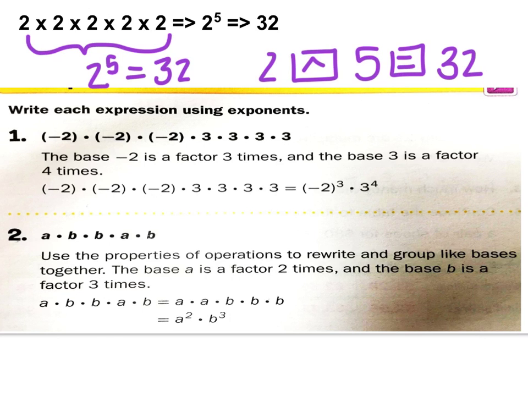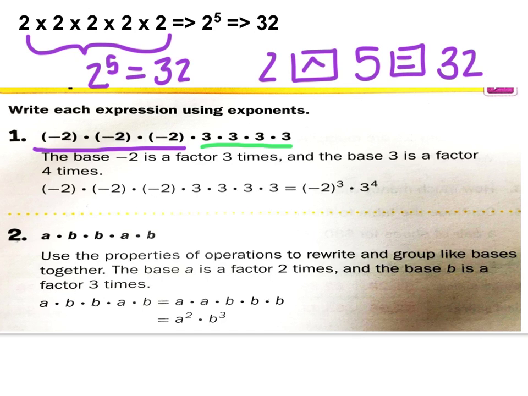I like to write each expression using exponents. So now you can see that we have different bases. We have a combination of -2 in parentheses, but then it switches and we have the bases of 3. The base of -2 is a factor 3 times, and the base of 3 is a factor 4 times.